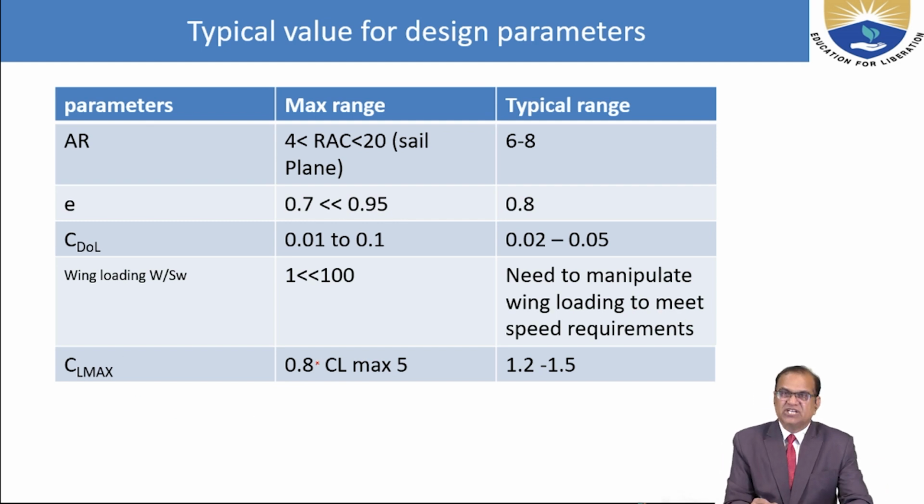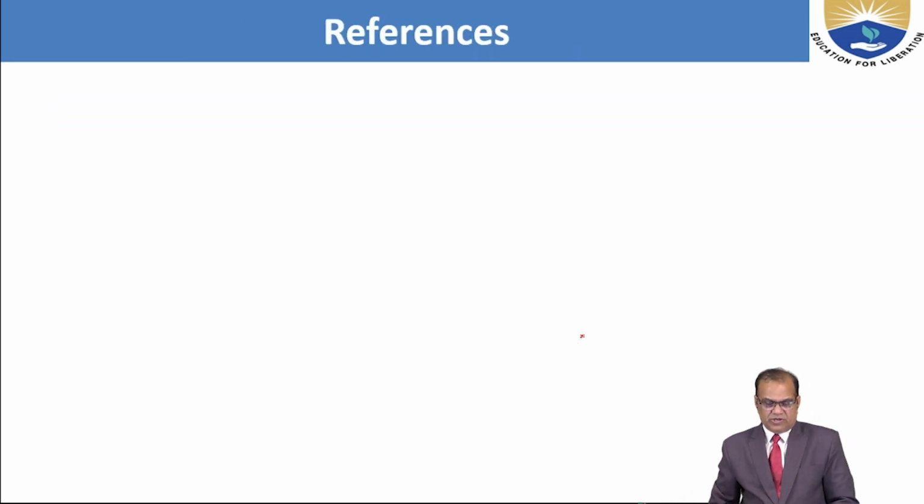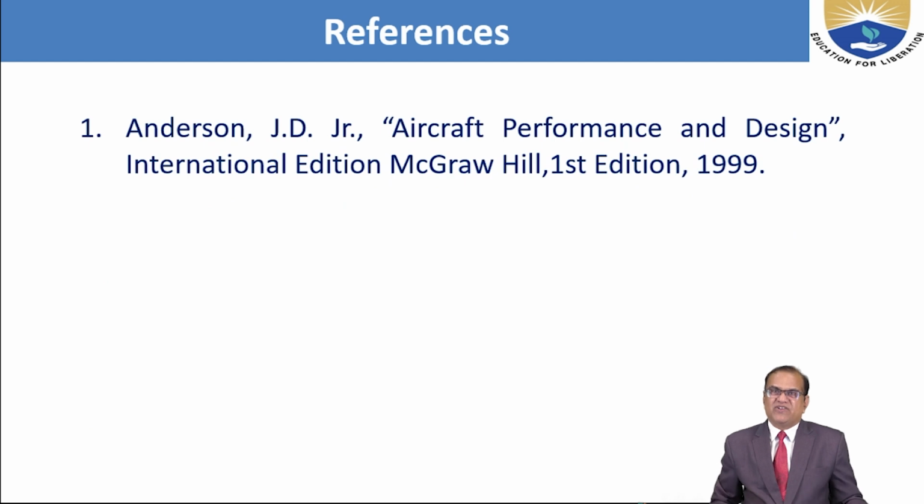CL maximum ranges from 0.8 to 5. For the 5, we have to use flaps, slats, etc. And 1.2 to 1.5 is the typical range for CL maximum. For your normal aircraft, 1.2 to 1.5 is sufficient.